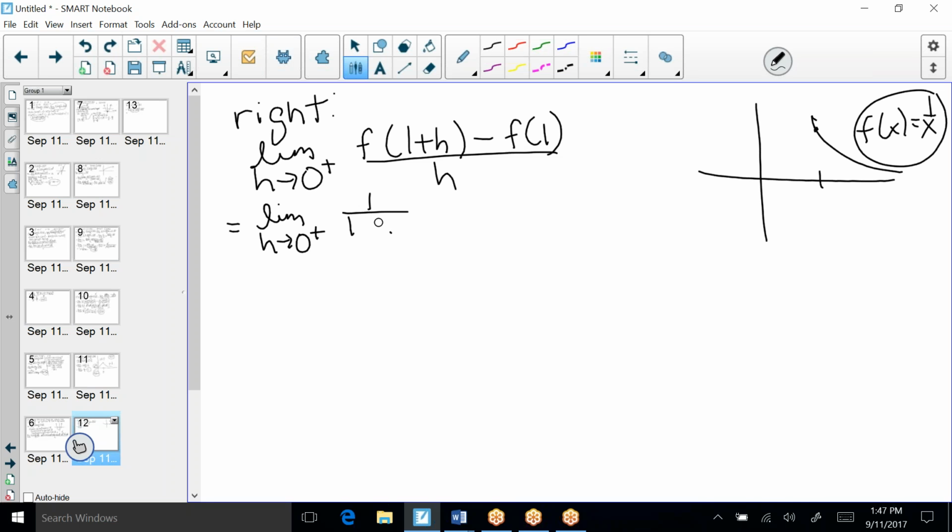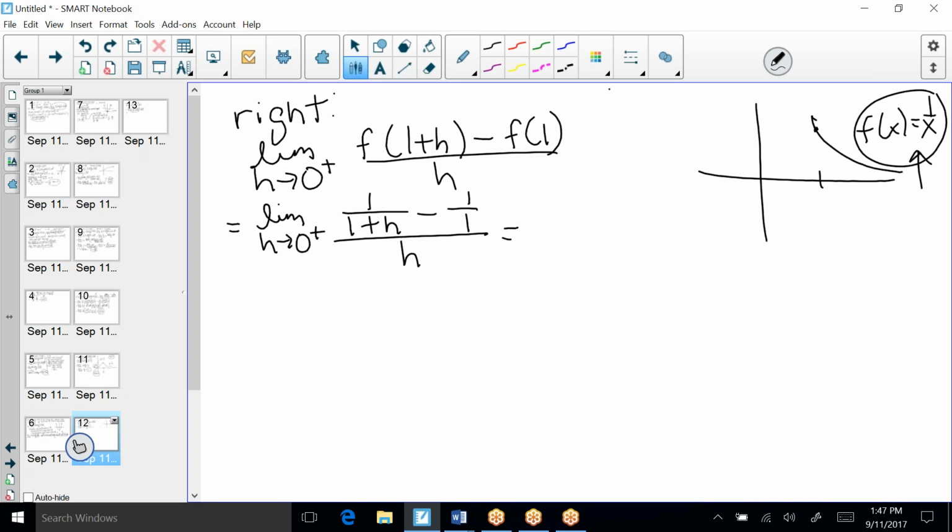So 1 over 1 plus h minus f of 1. If I plug a 1 into this function, we have 1 over 1, or just 1, and divide that all by h. Again, we can try to simplify that numerator.